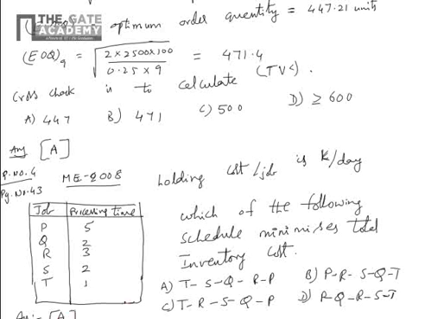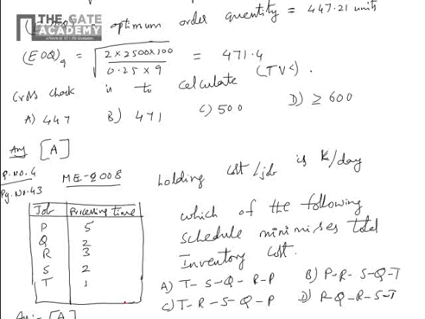If you follow any other method like first come first serve, the first job will go out after 5 days, and till then the remaining jobs have to be in inventory, so you need to pay more inventory cost.